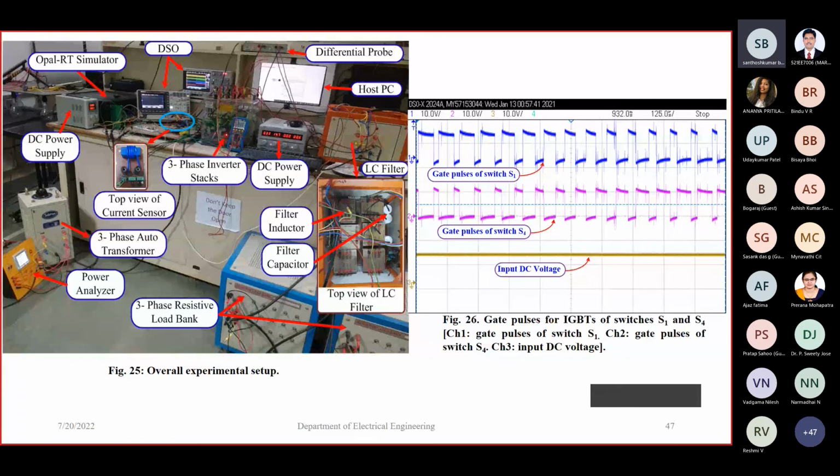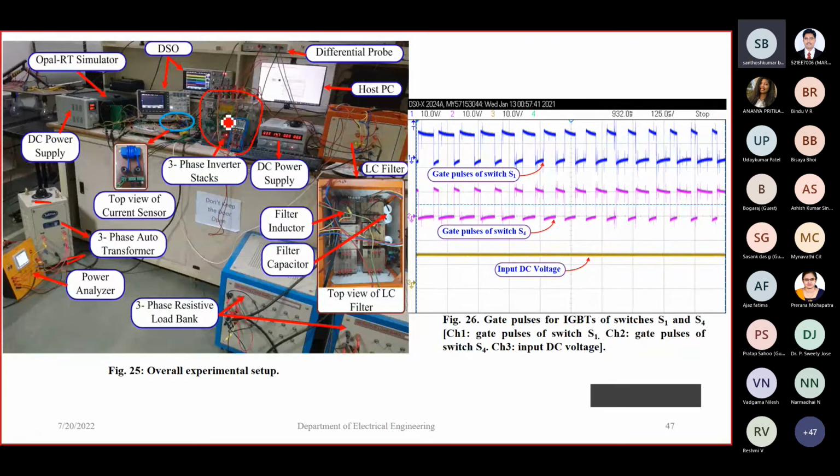This is the resistive load bar, and this is my inverter, and this is the autotransformer. In the Semikron inverter we have a diode bridge rectifier, so by using the autotransformer we can get the desired DC input voltage.